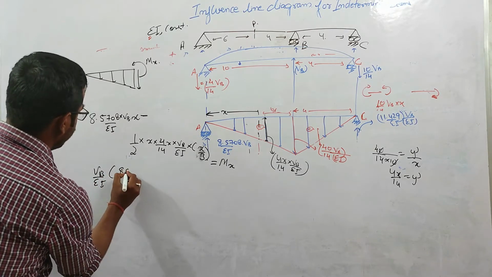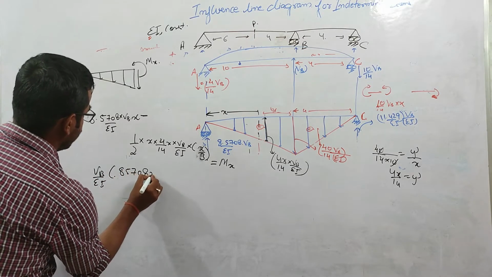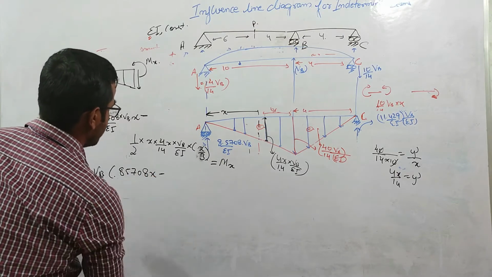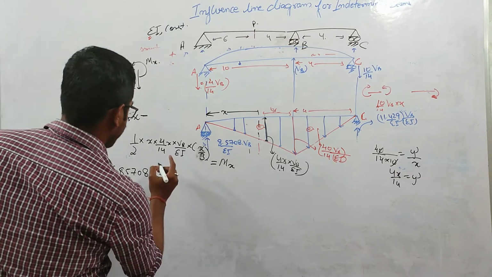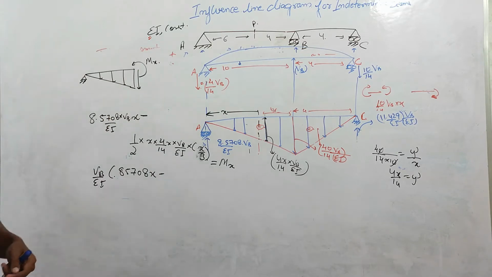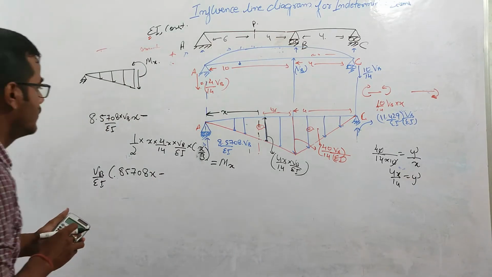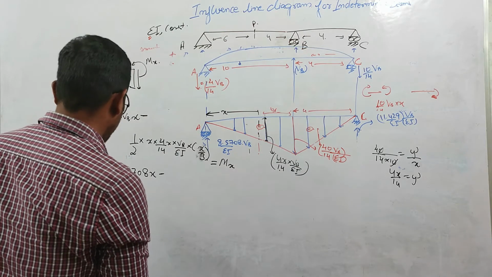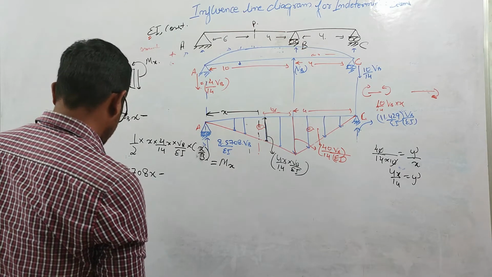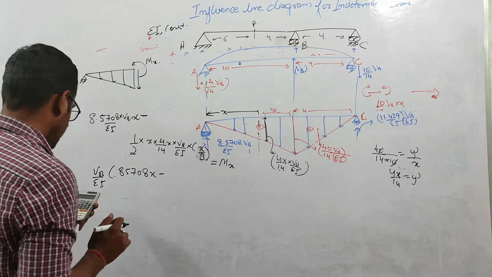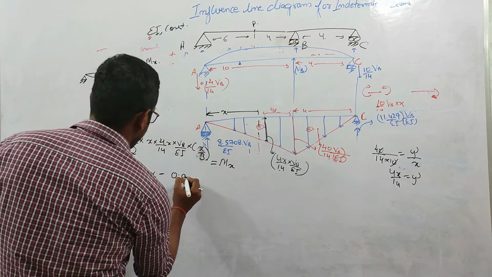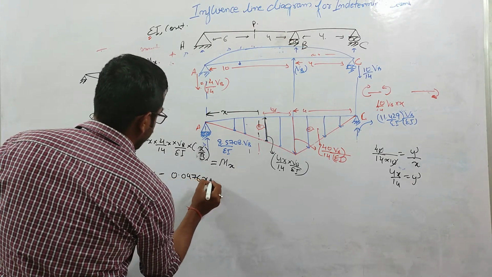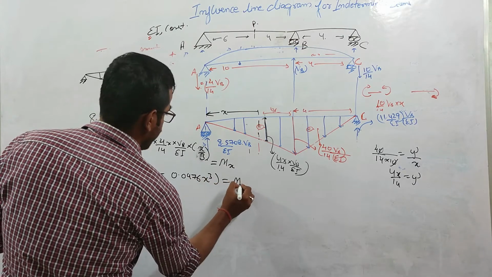So I can write 8.5708 x minus this value, which is 4 divided by 14 divided by 6, so this value is 0.0476 x cube, equals Mx.